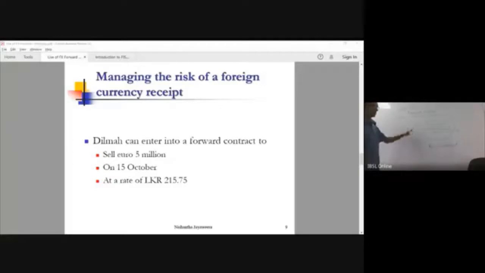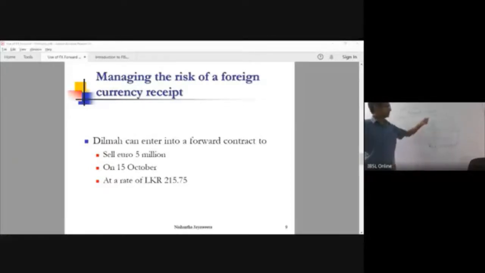In this, I just wanted to explain to you what the risk is. If the exchange rate changes, that means the rupee appreciates from 210 to 200 against the euro, the exporter will lose. But if the rupee depreciates against the euro from 200 to 220, the exporter will gain, make a profit.